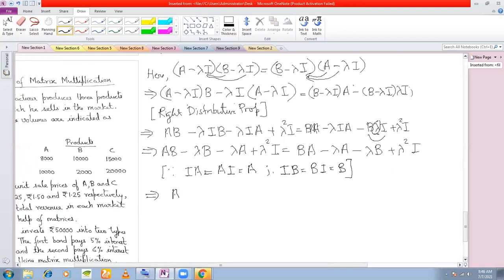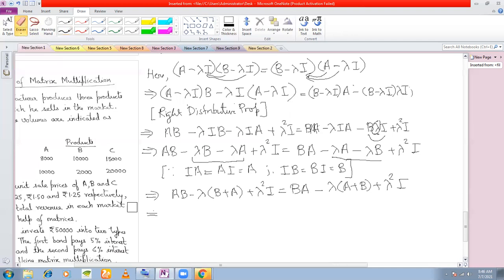Now what you do is, from these two, you can take out the scalar lambda to get B plus A, and this will remain lambda square I. This will be BA minus, from these two, you can take out lambda plus lambda square I, right?